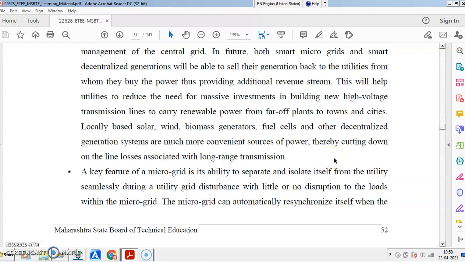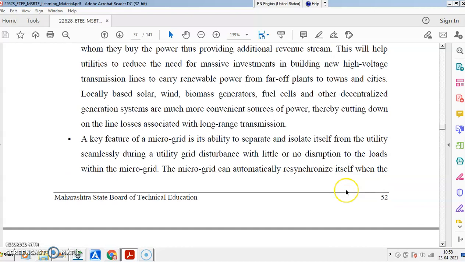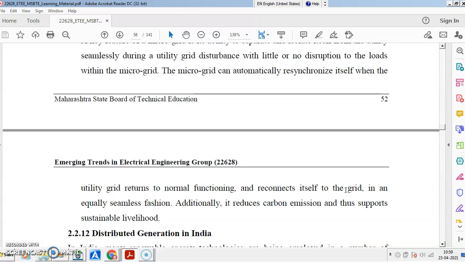Some key features of a microgrid: it has the ability to separate and isolate. I just told you it can work in both modes. The microgrid can be automatically resynchronized or desynchronized by itself based on the requirement, by using the smart grid concept.